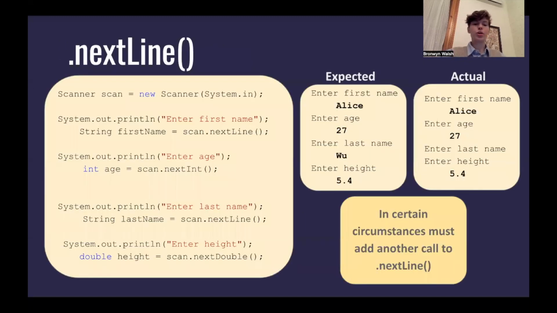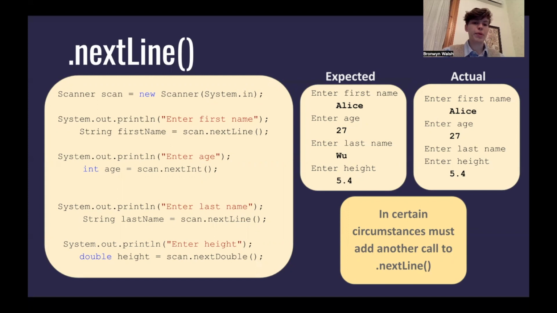So it's important to note that the next method only consumes the next fragment, while nextLine consumes the entire next line. Because the nextLine method receives the entire line, it can cause issues, often in loops, which we will cover later, where one nextLine call will not allow for user input in future uses, and instead skip to the next print statement.